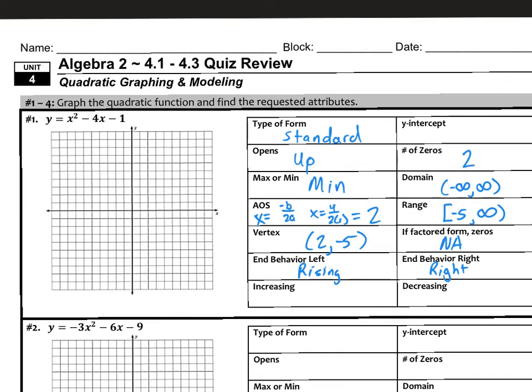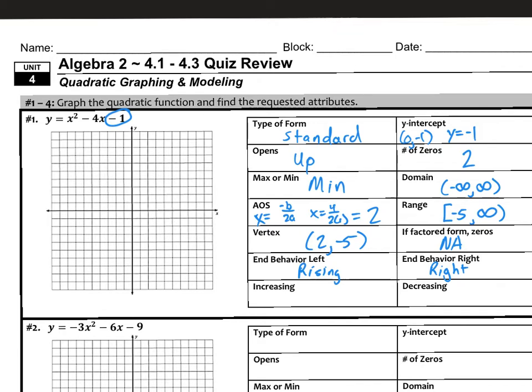The y-intercept is that c value from my standard form, which is y equals negative 1. I can also see that on my calculator. In the table, the y-intercept, if I look there, is 0, negative 1. So either one of those would be correct, y equals negative 1 or 0, negative 1. Okay, let's go ahead and finish this off with increasing, decreasing, and then we'll plot our key points on the graph.